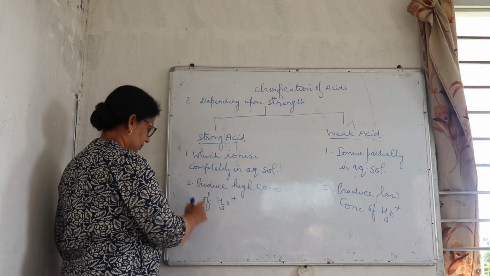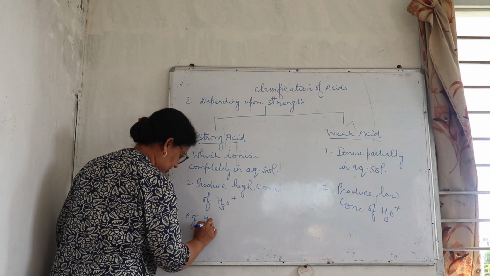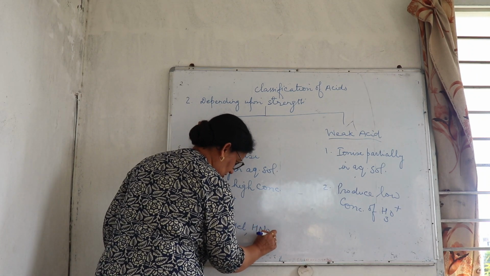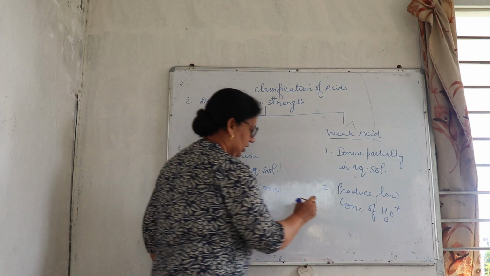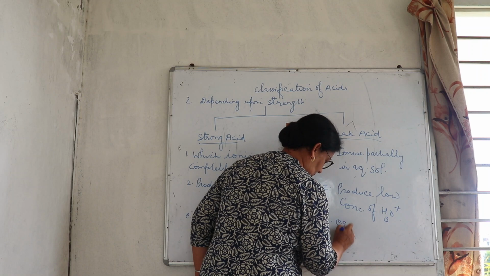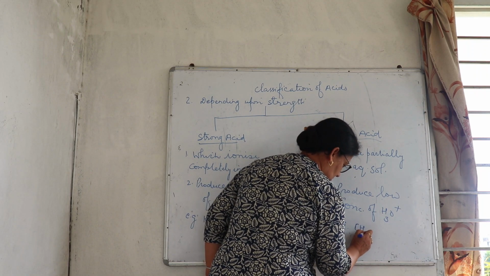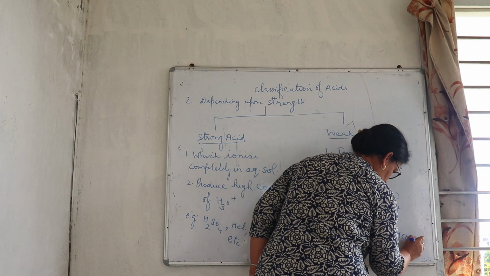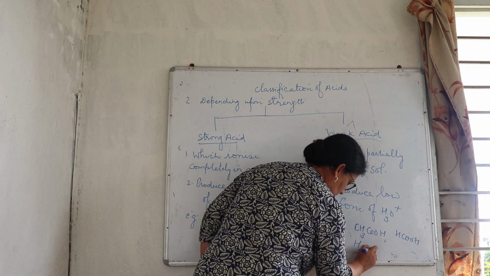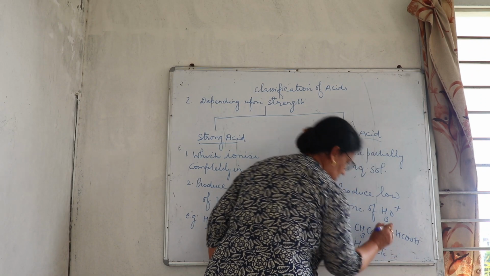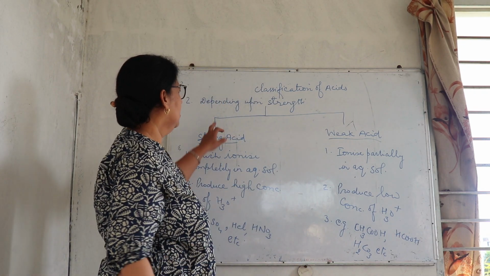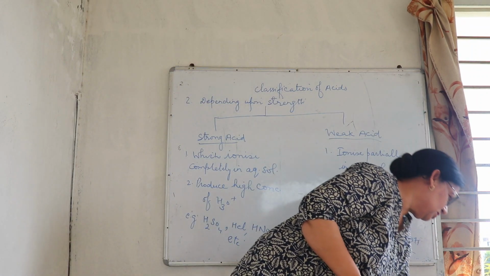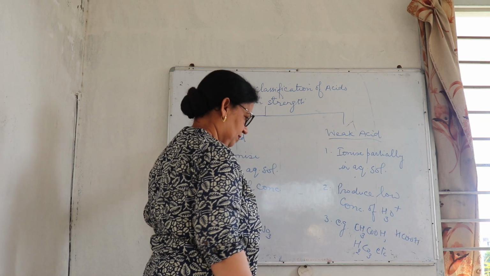Strong acids are, for example, H2SO4, HCl, HNO3, etc. Weak acids are acetic acid, formic acid, carbonic acid, etc. This is the second classification based on strength. Third classification is based on concentration.